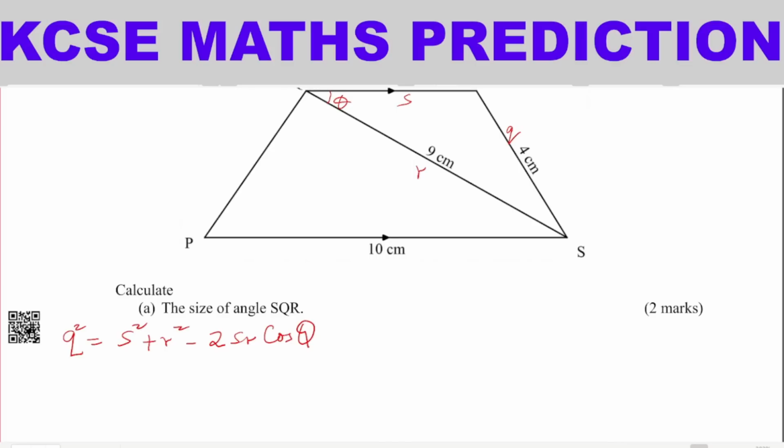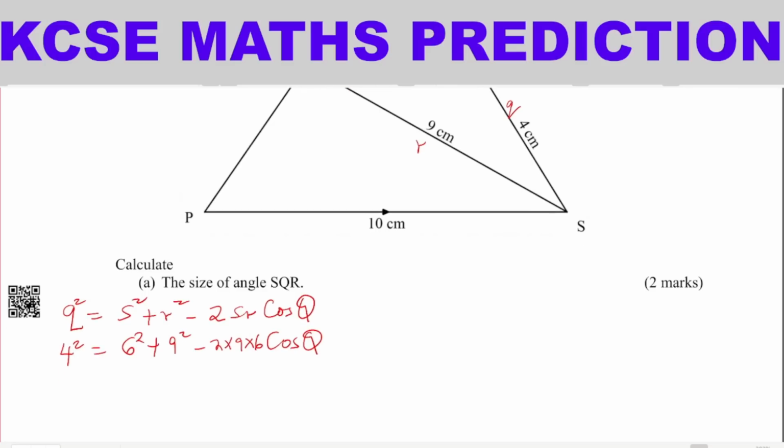So Q squared will be 4 squared is equals to 6 squared plus 9 squared minus 2 times SR, that is 2 times 9 times 6 multiplied by cosine of Q. So this will give 16 is equals to, when you add everything here, you get 6 squared plus 9 squared, that will give 36 plus 81, that is 117.